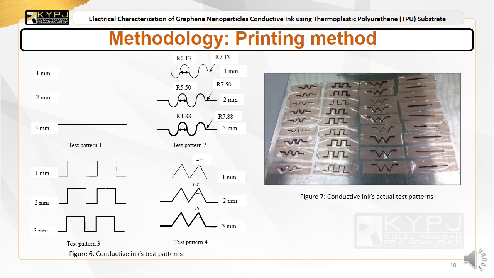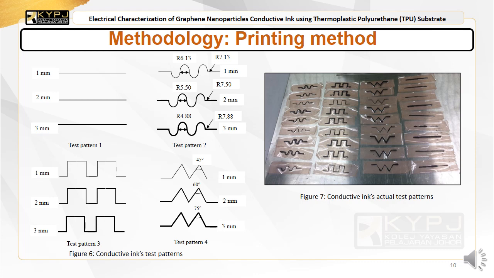The graphene conductive ink was used as the material and printed in 4 different test patterns as shown in Figure 6. All the test patterns represent the electrical connection with different directional angles.